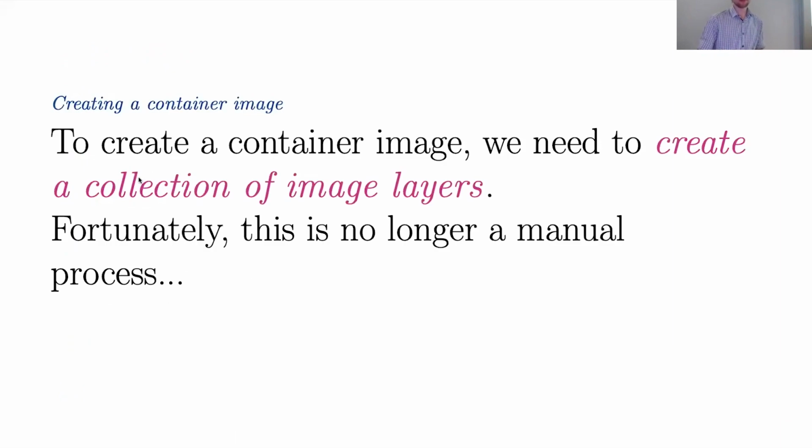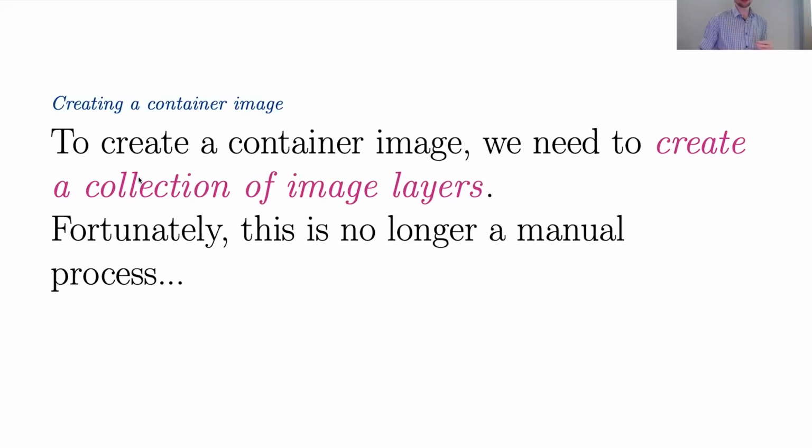Okay, so to create these container images. Remember, container images are just this collection of files that we need to be able to run our processes. To create a container image, we need to create a collection of image layers. Now, this is where our layered file system comes back into things, okay?